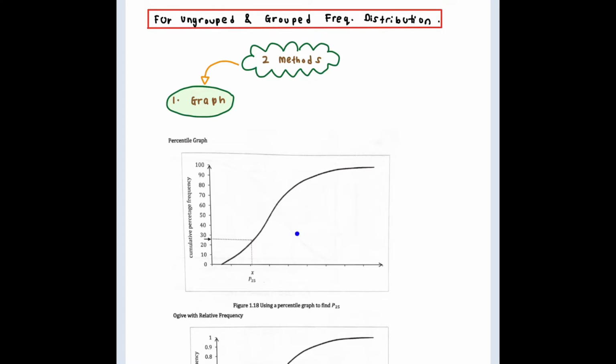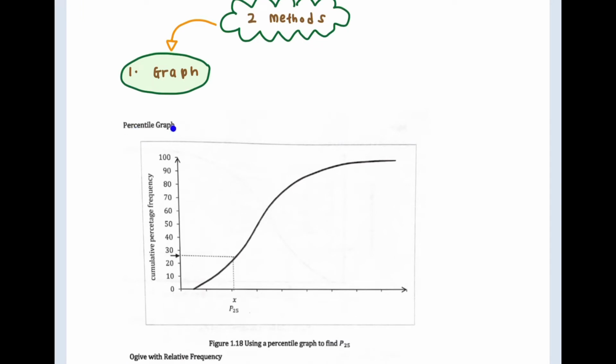For example, look at the first type of graph, which is the percentile graph. The percentile graph means the highest value on the y-axis is 100. If, let's say, the question asks you to find percentile 25, for example. Let's say you want to find percentile number 25.